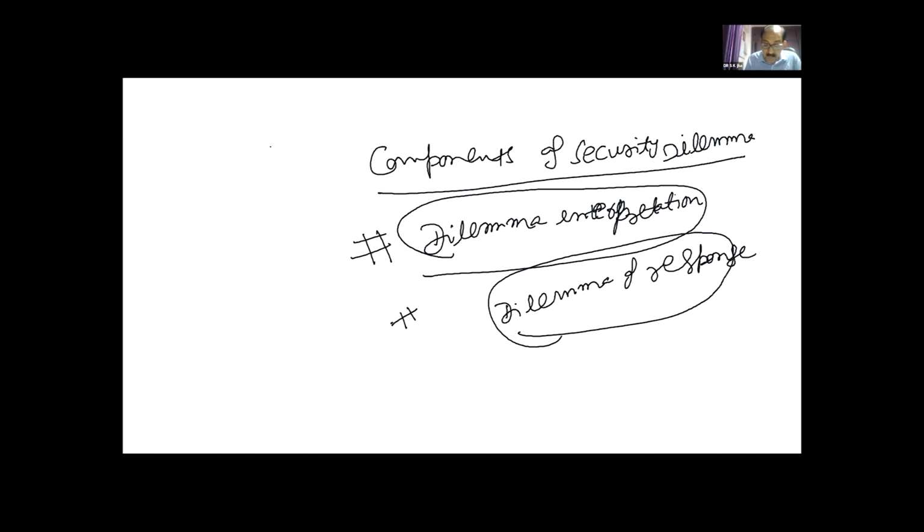Now, coming to the liberal view of security. So far we were talking about the realist view. Now let us talk about the liberal view.